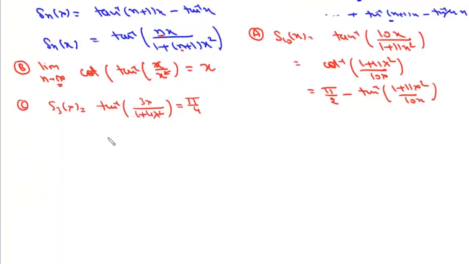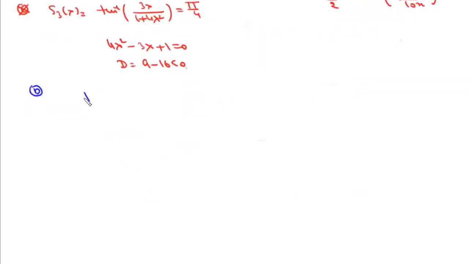Now we can write this equation as 4x square minus 3x plus 1 equals 0. Now the discriminant for this quadratic equation is 9 minus 16, which is less than 0. So this equation will have no real root. So C is incorrect.